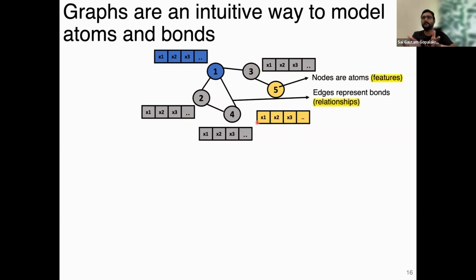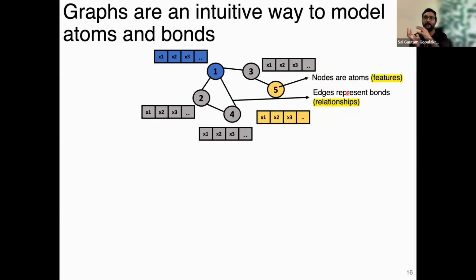Now the straightforward analogy between graphs and materials is that you can think of each node in a graph representing an atom in a structure. So atoms correspond directly to nodes, and edges represent the bonds between atoms. If two atoms form a bond, that bond can be represented by an edge.